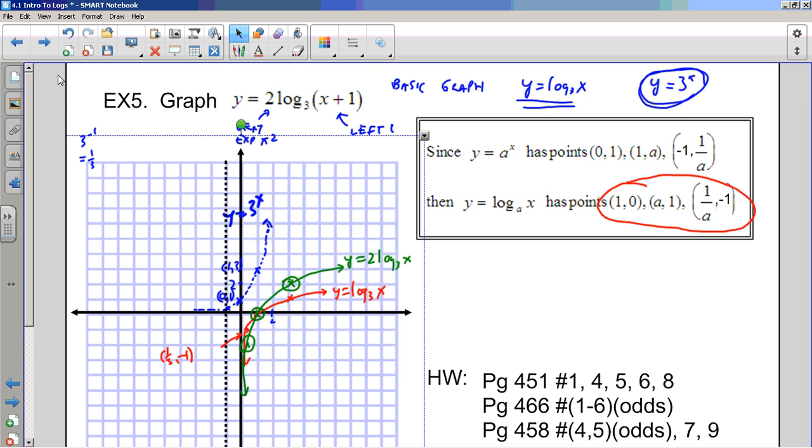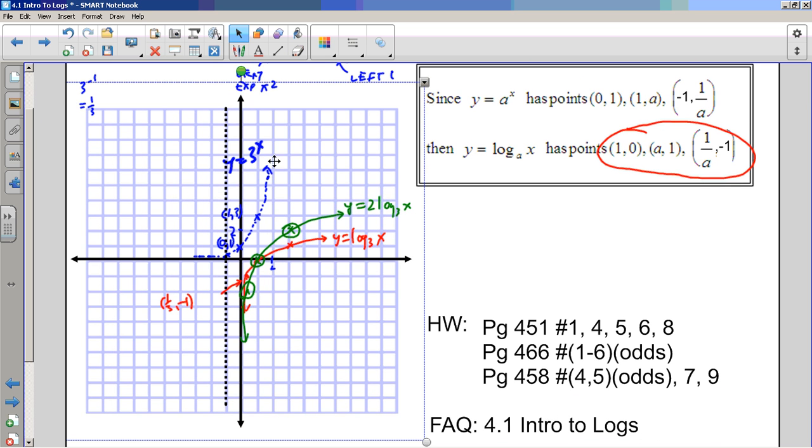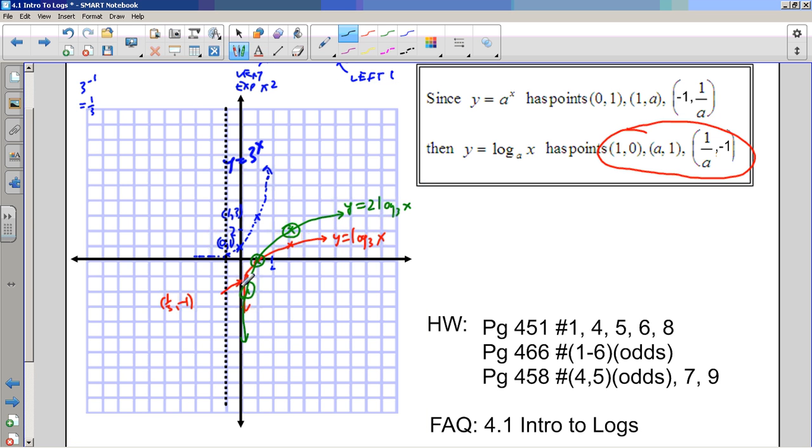And that's the new vertical asymptote. And so I move everything left one, all these nice important points left one, left one, left one, and I get my final graph. Easy peasy. In fact, once we can graph the red one, the rest should be review for us. It will take a little practice for you to draw the basic log graphs, but not so bad.